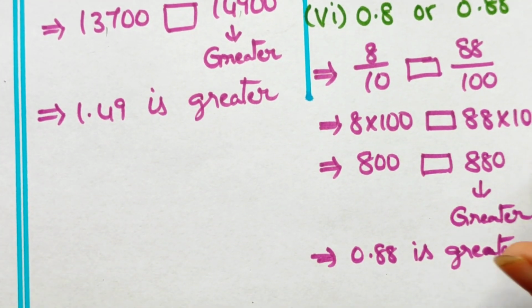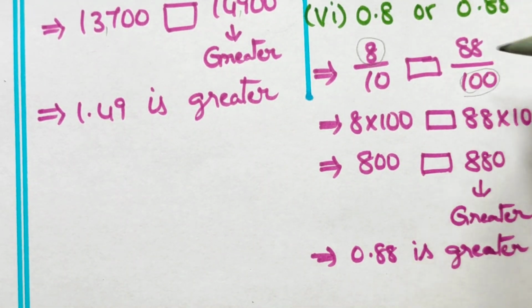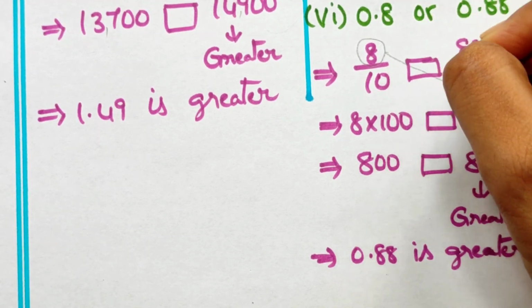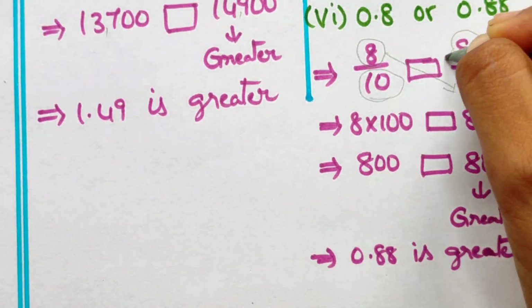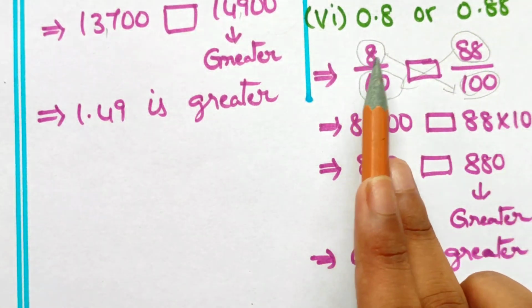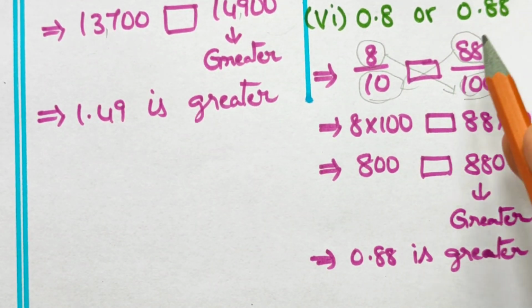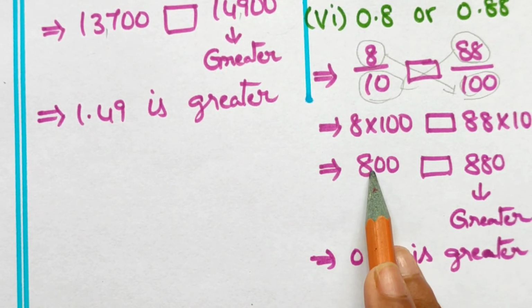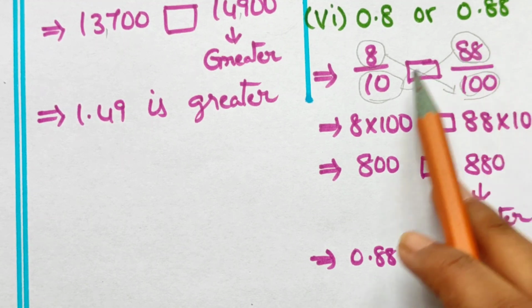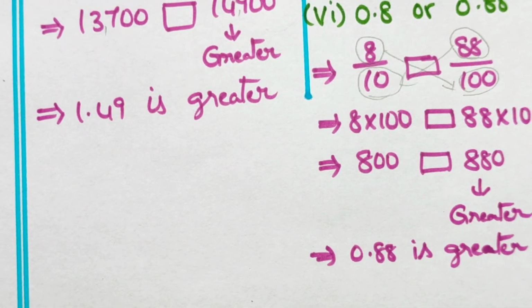Now let's compare. First, let us do the cross multiplication. That means this numerator into denominator, and this numerator into this denominator. So here it is 8 into 100, and let us maintain blank here, and here it is 88 into 10. So 8 into 100 is 800, and 88 into 10 is 880. Clear?